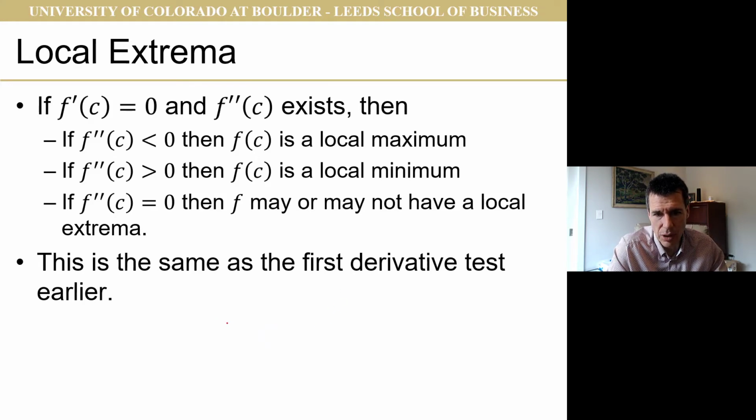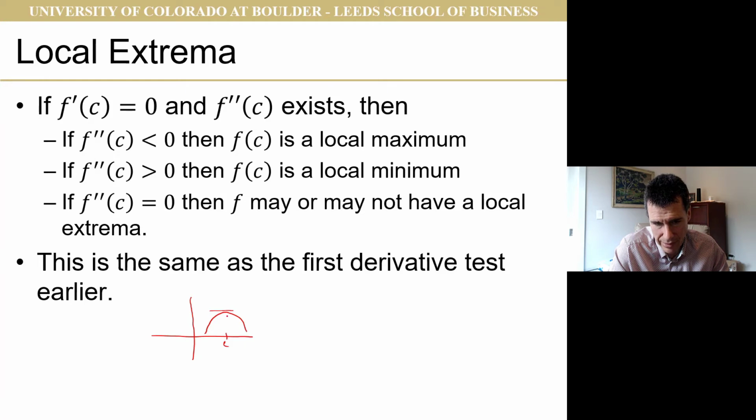So let's look at some pictures. f prime of c equals 0, and f double prime of c is less than 0. Well, that means if we draw our function, we've got a function that must look like this, right? f prime of c equals 0, so the slope of the function is 0 at c, and it's concave down.